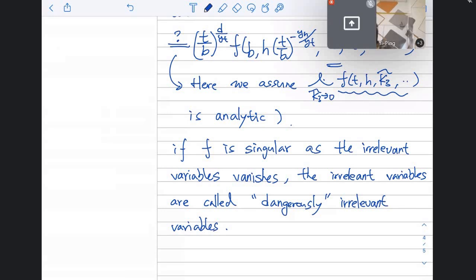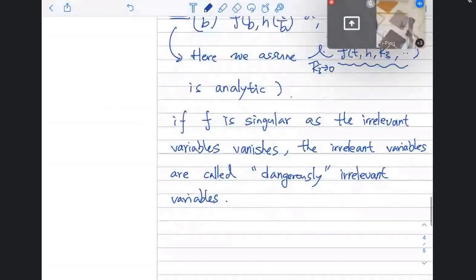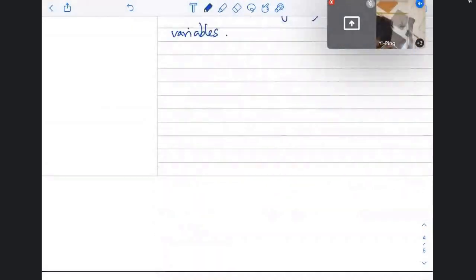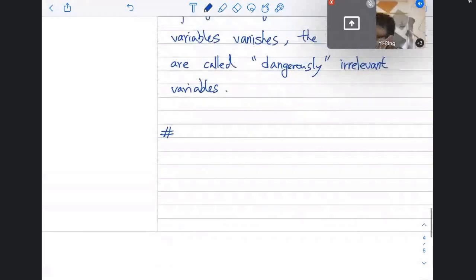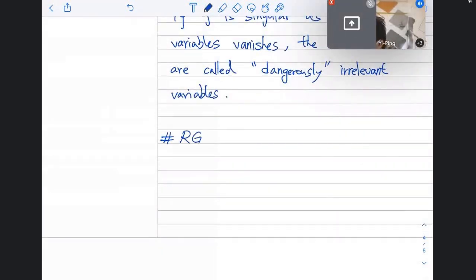We probably will not see an example at this moment, but I just want to remind you that there is something a bit subtle when considering irrelevant operators. Okay, so now we are going to do a more exotic example, which is the RG for the 2D Ising model.